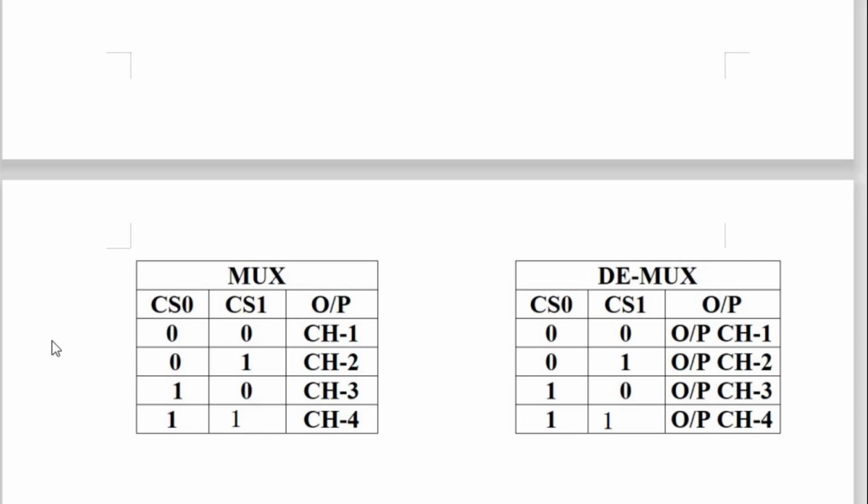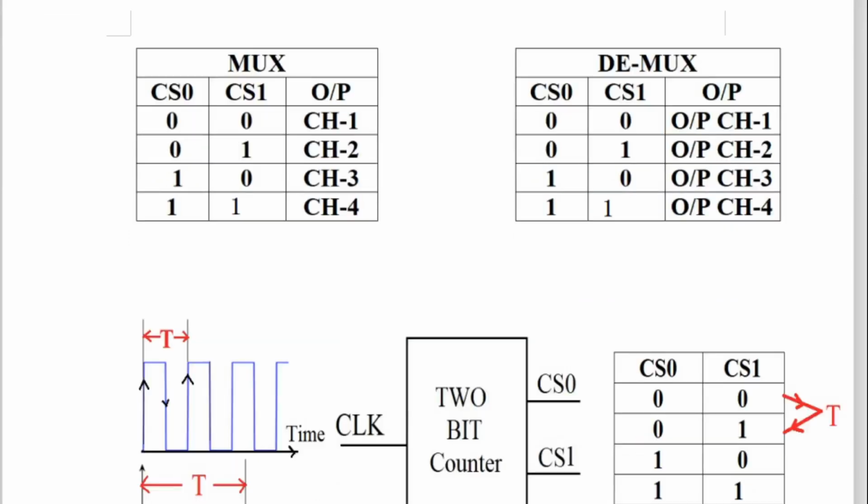Here I will use a 2-bit counter, and its output increments from 0 0 to 0 1, then 1 0, but only when you apply the clock. Therefore, how long the control signal remains at logic 0 0 or 0 1 depends on the clock, that is, the time period of the 2-bit counter clock, and we'll come to that here.